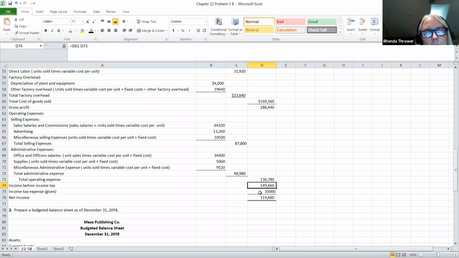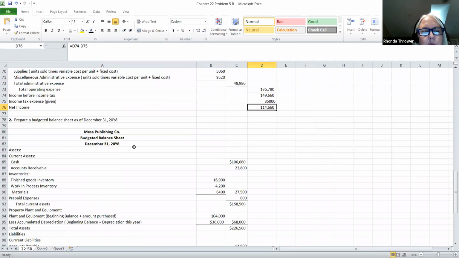So this is the income before income tax. The income tax expense, which is given, is subtracted from the income before income tax to get the net income for the corporation. And so that's how you do a budgeted income statement.